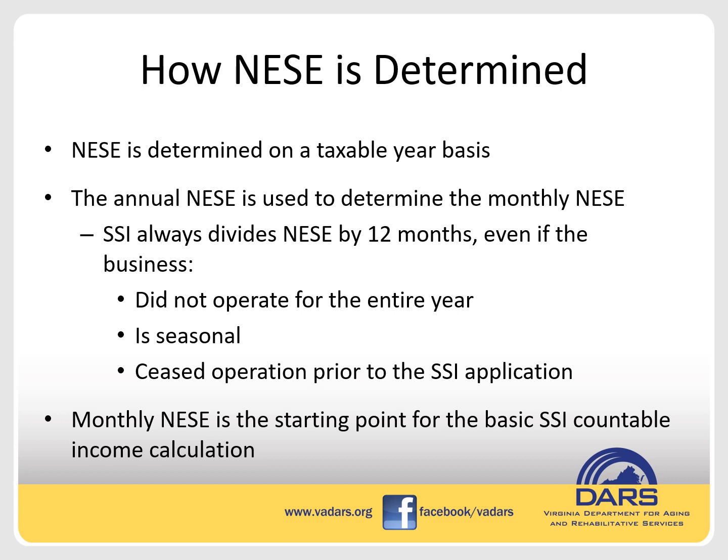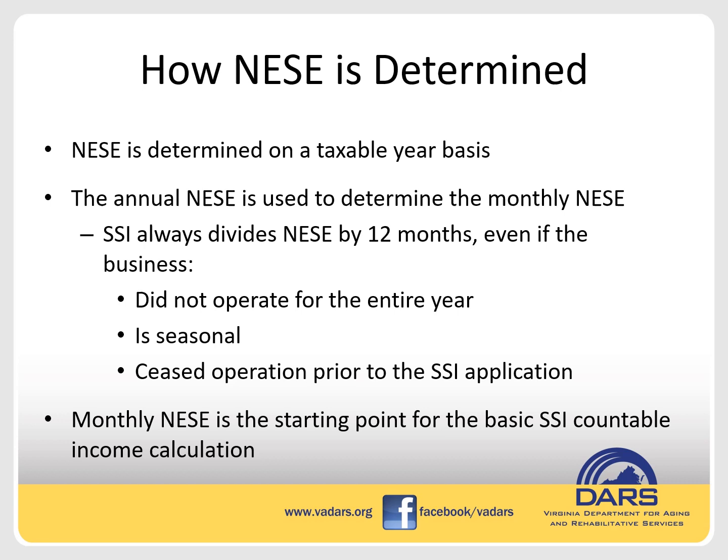The annual net earnings from self-employment is used to determine the monthly earnings. And SSI always divides the net earnings from self-employment by 12 months in the year, and that's true regardless of when the business started. That's true even if the business did not operate for an entire year.